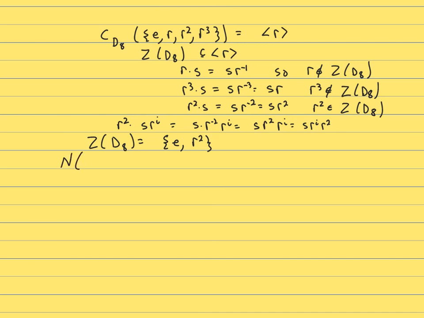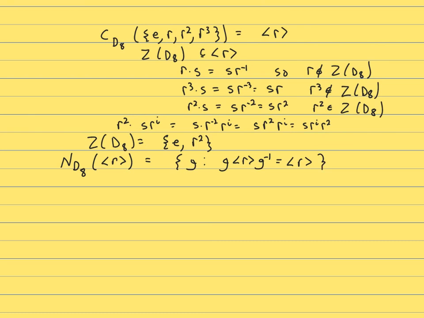Finally, since we're here, we might as well also compute the normalizer and see if it's different. So what is the normalizer of this subgroup? It's everything that when you conjugate, you get the whole subgroup.